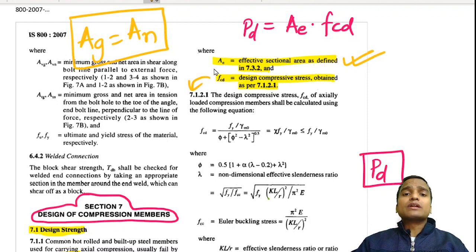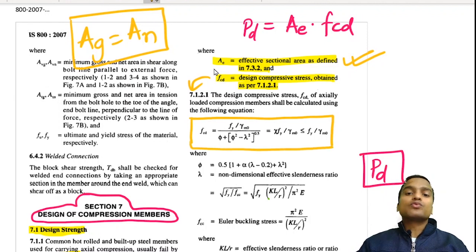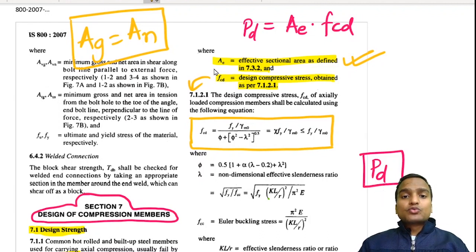Now we have to calculate this design compressive stress, FCD. Alright, and FCD is given by this empirical formula, of which I don't have any proof. That's why I call it an empirical formula. So this formula is laid down by the IS code, and after research these formulas are given only. So the design compressive stress FCD of axially loaded compression members shall be calculated using the following equation.